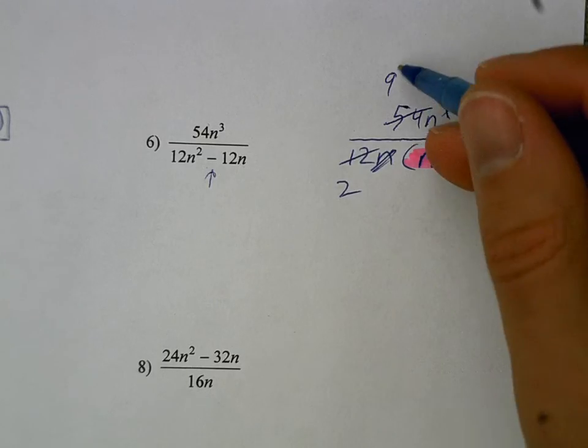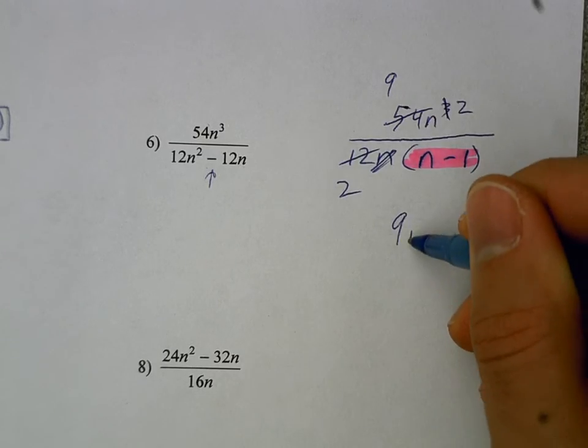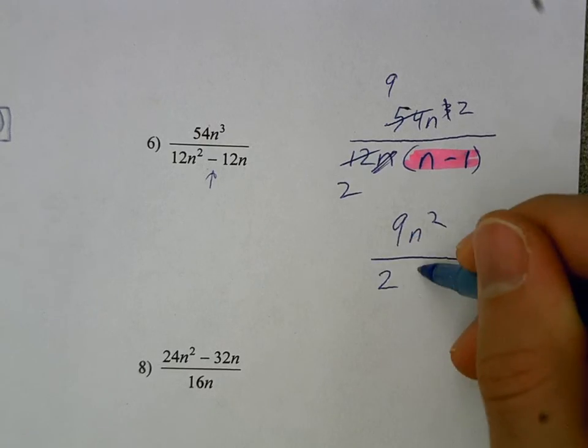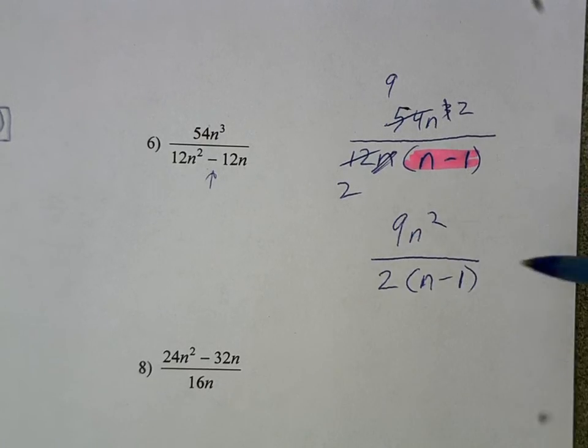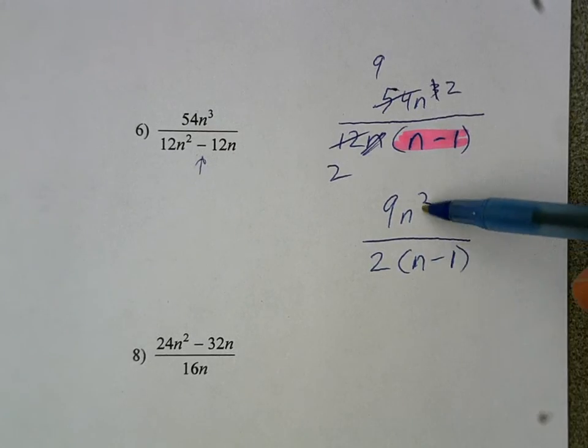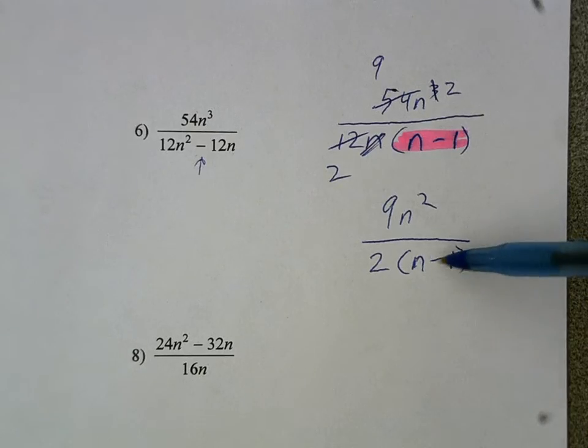So now the top is 9n squared over 2 times n minus 1. Can I cancel out these n's? No, because this one's a part of a subtraction.